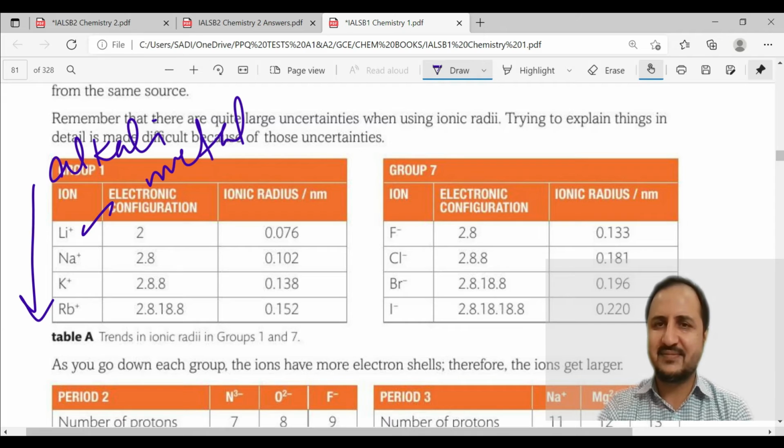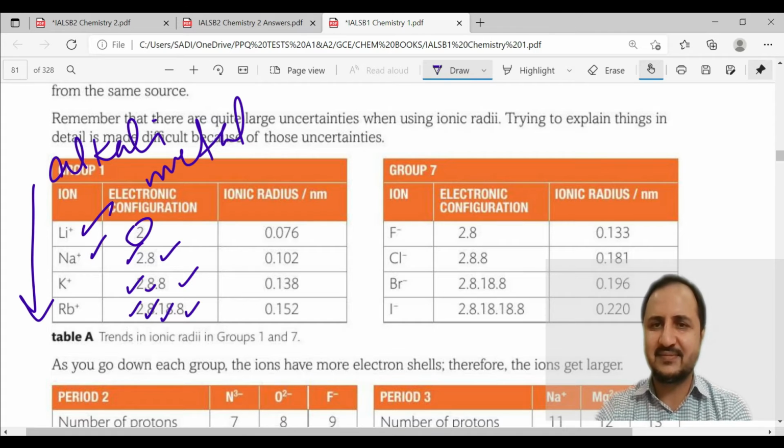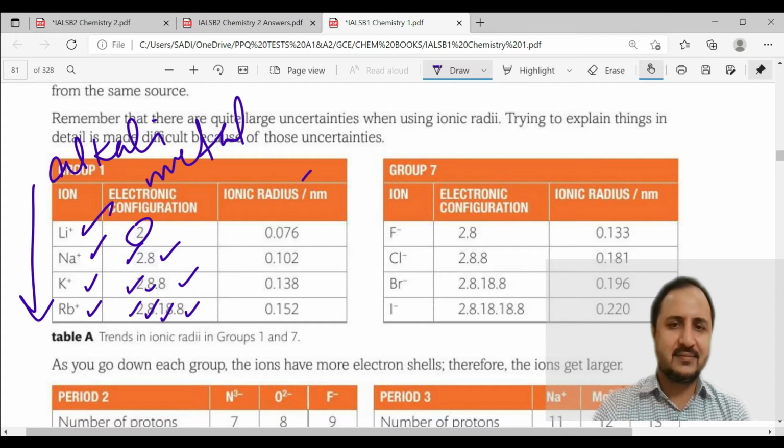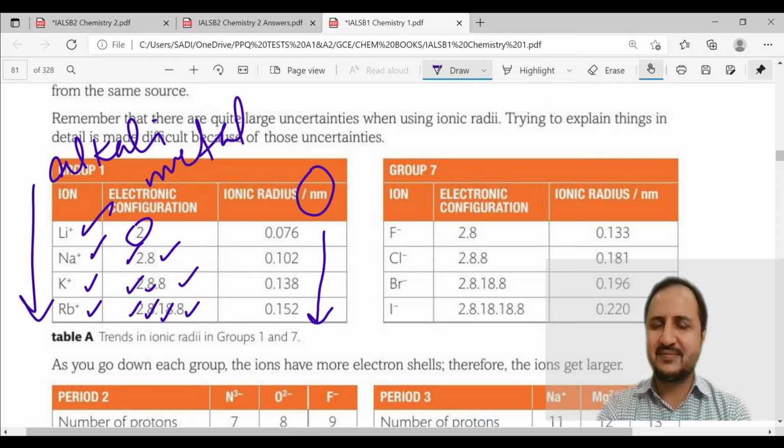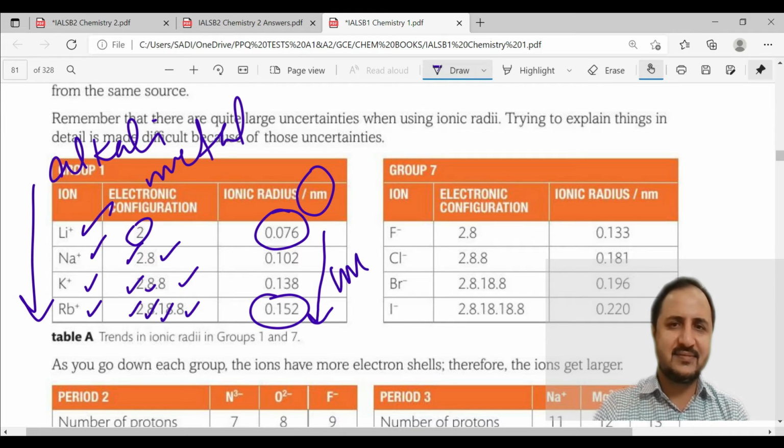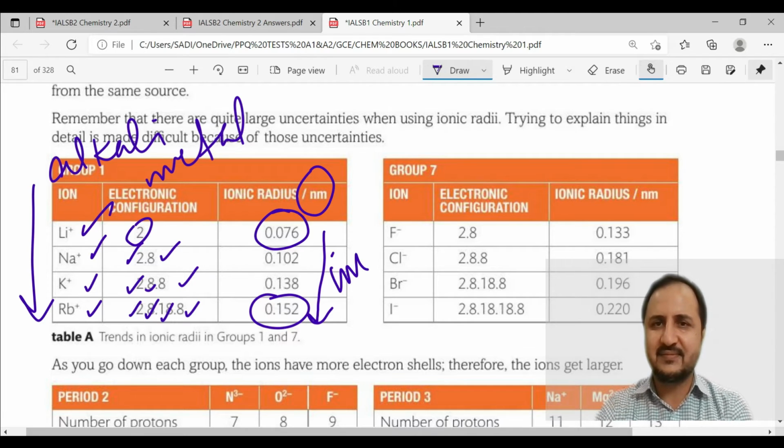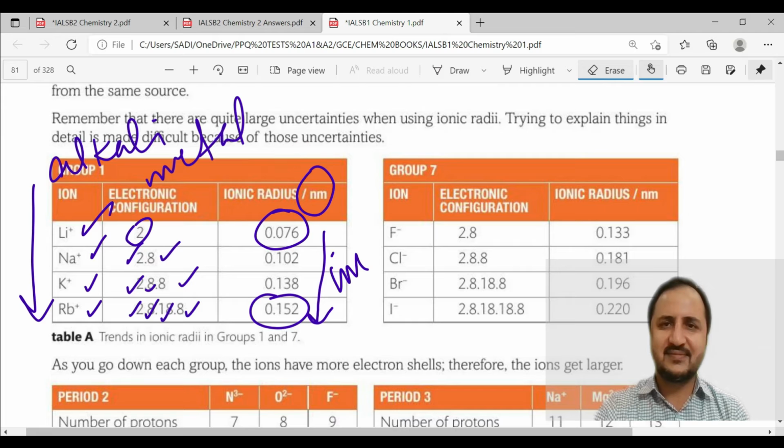Look at the configuration: 2, then 2 and 8, 2, 8, 8, and 2, 8, 18, 8. That is, all of them have a complete outermost shell. Look at the ionic radius that is measured in nanometers. From 0.076 you're moving to 0.152, which is an increase. Sorry, that's about the cations.